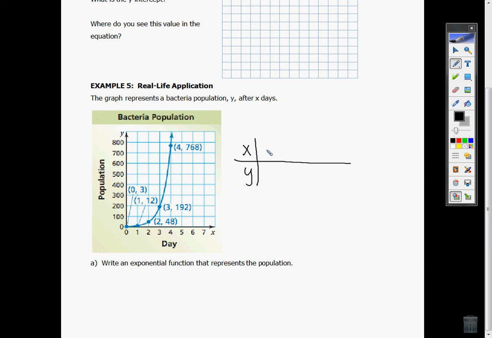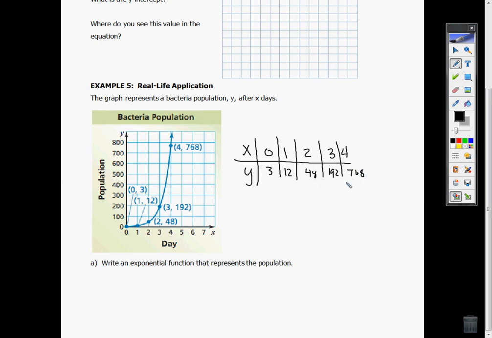Well, my x's go 0, 1, 2, 3, and 4. And the y's that correspond to them are 0, 3; 1, 12; 2, 48; 3, 192; and 4, 768.